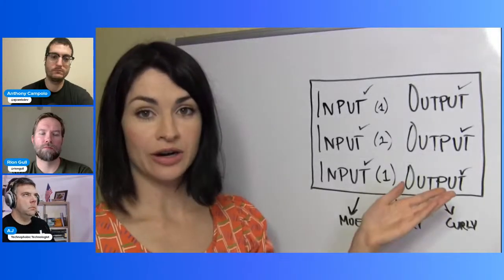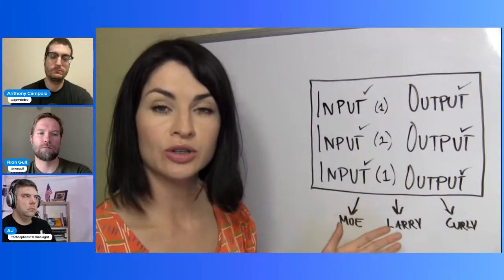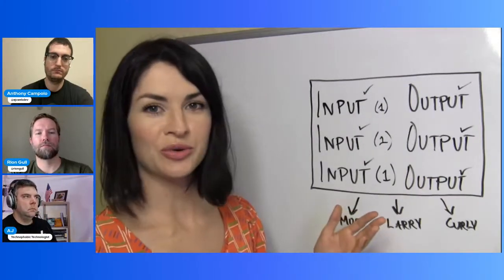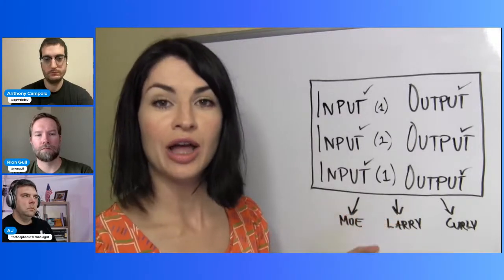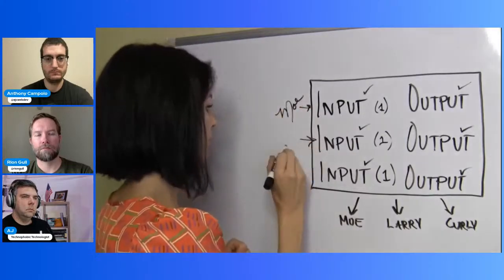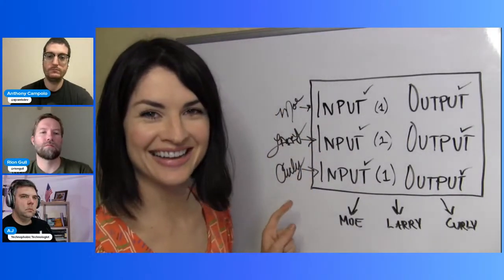Once verifying that this transaction does indeed look correct, Mo's, Larry's, and Curly's wallets will each sign it with their private key, which is totally normal and how cryptocurrency transactions work in general. But this is a slightly different special signature. You like those signatures?